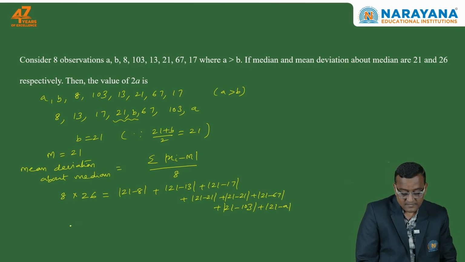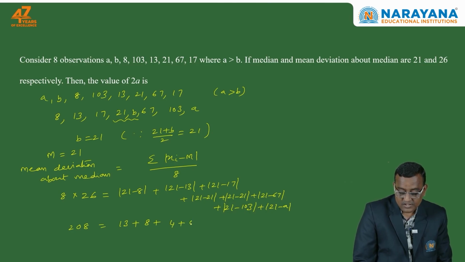If you simplify this, 21 minus 8 is 13, 21 minus 13 is 8, and this is 4, 21 minus 21 is 0, next 0, 46, modulus of 21 minus 67 is 46, and 21 minus 103 is 82, plus modulus of 21 minus A. So, you will get 208 is equal to 153 plus modulus of 21 minus A, adding 13 plus 8 plus 4 plus 46 plus 82.